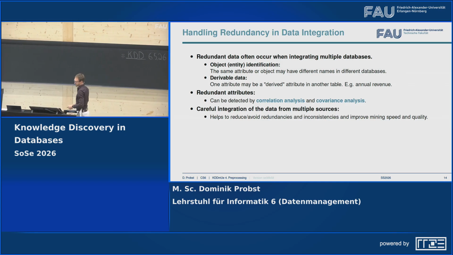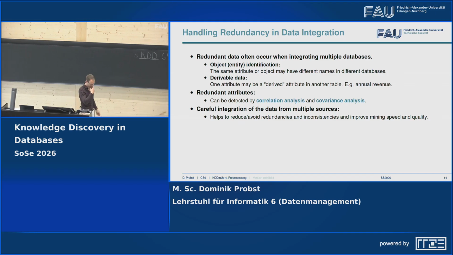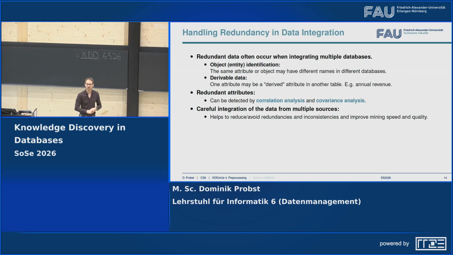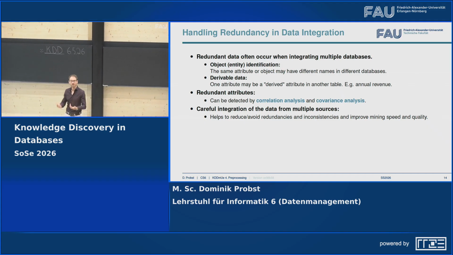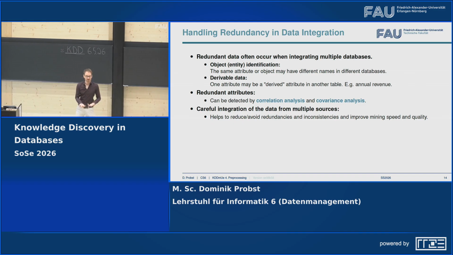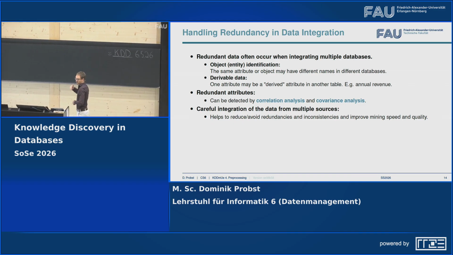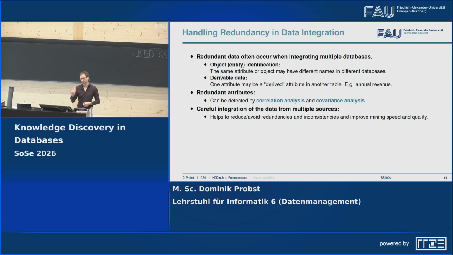One very, very important thing is also not only inconsistencies, but also redundancy. Redundancy is something we want to strictly avoid. We do not want to have the same information multiple times in the same table, because then it might be overweight in the training process, and it gets a lot more complicated, a lot more resource heavy to handle these data.